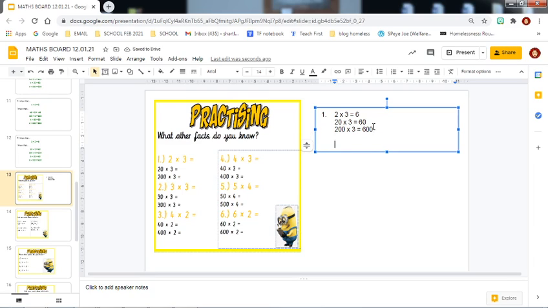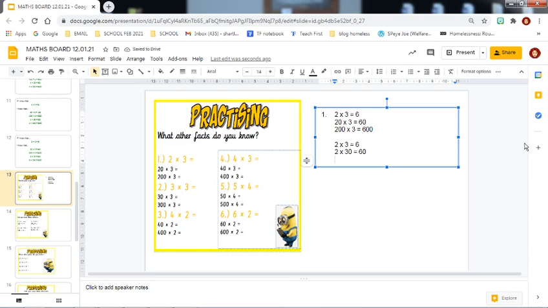Now, I also know, and I'm going to go back to starting with 2, I know that 2 multiplied by 3 equals 6. So I'm going to be multiplying the 3, so the 3 is going to get 10 times greater, and it's going to become 30. So I know that my answer, what it equals, must also be 10 times greater. So 2 multiplied by 30 equals 60.